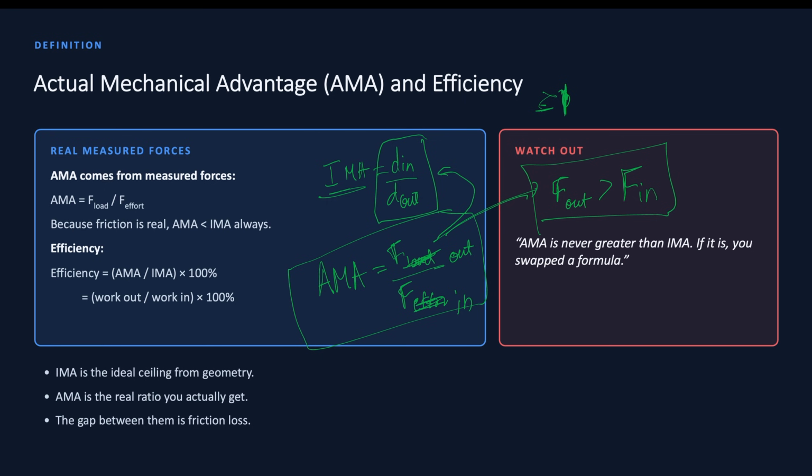Now you have to understand that actual mechanical advantage is always lesser than ideal mechanical advantage, because actual mechanical advantage deals with a lot of friction, right? So you might imagine in a perfect world that with a pulley, right, you can pull it up.